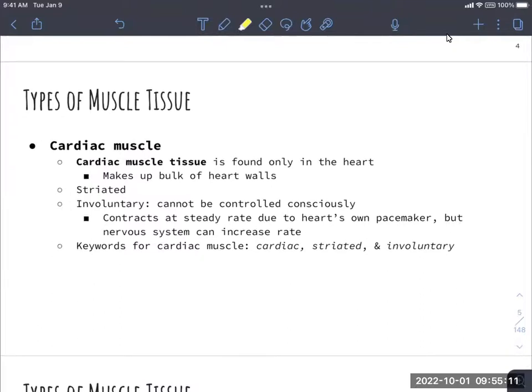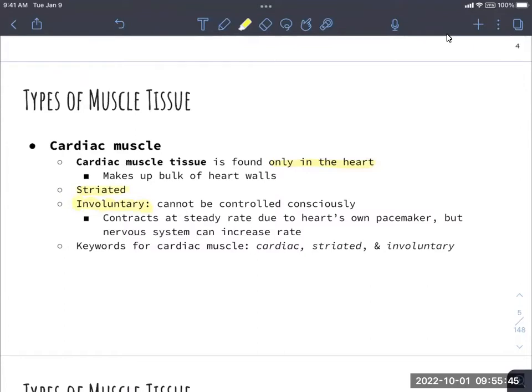We do have cardiac muscle. Cardiac, heart. So cardiac muscle is only found in the heart. It makes up the middle layer of the heart. When you get to the cardiac chapters and Anatomy 2, you will see exactly how that is made up. Cardiac muscle is also striated, just like skeletal muscle, but it is involuntary.